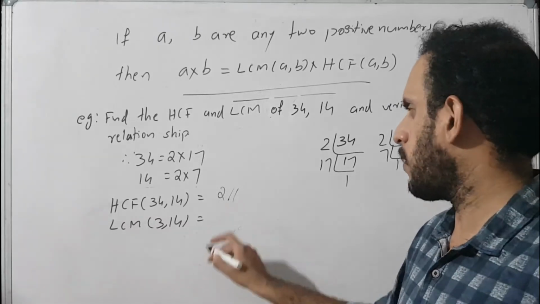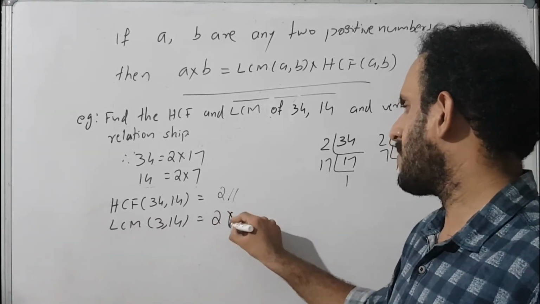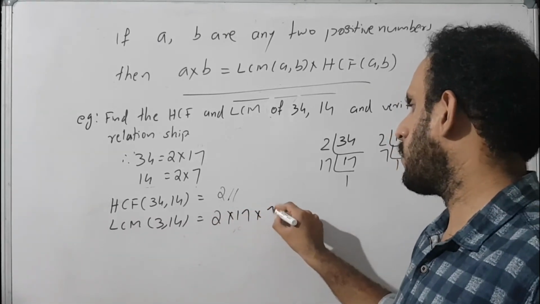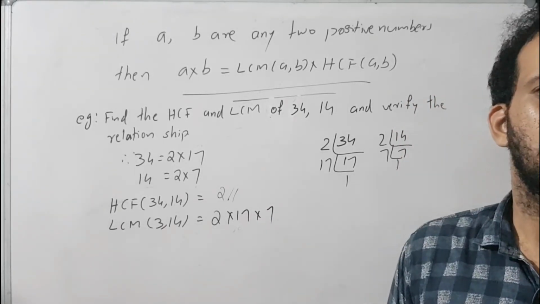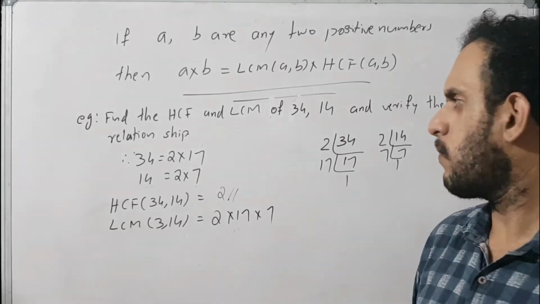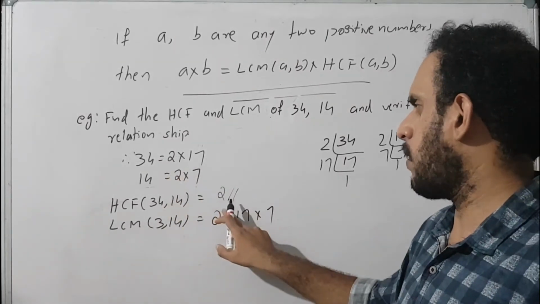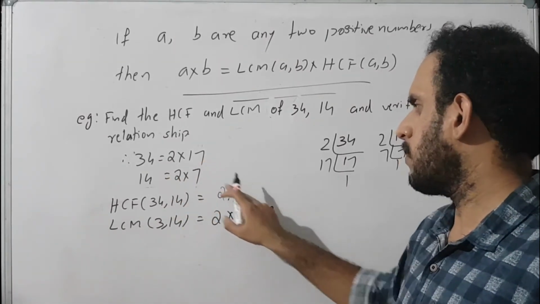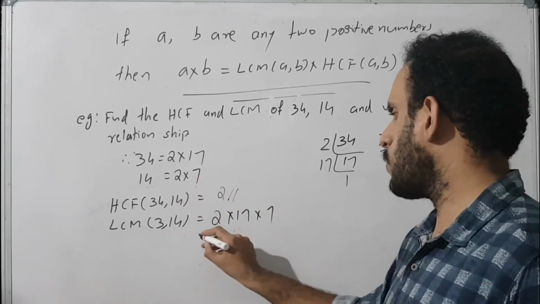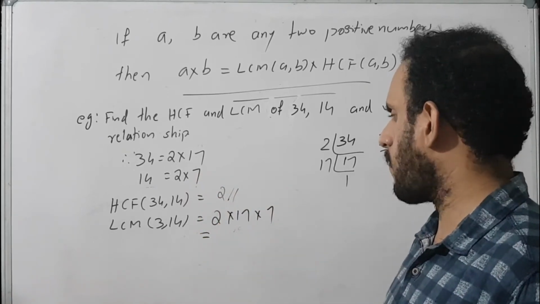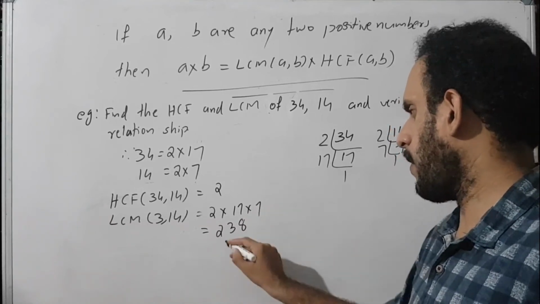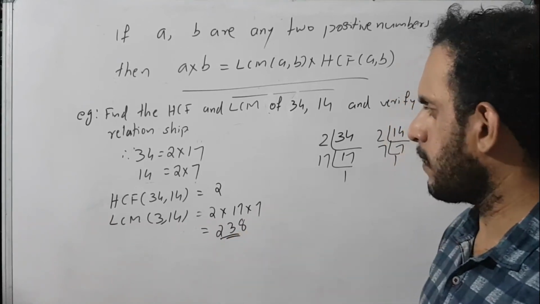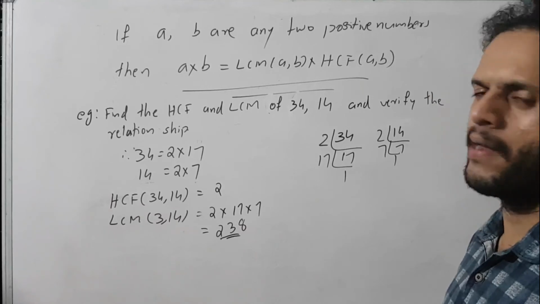The numbers involved are 2, 17 and 7. We choose the highest power of these numbers. The highest power of 2 is 1, 17 is also 1, and 7 is also 1. Then 2 into 17 into 7 is 238.